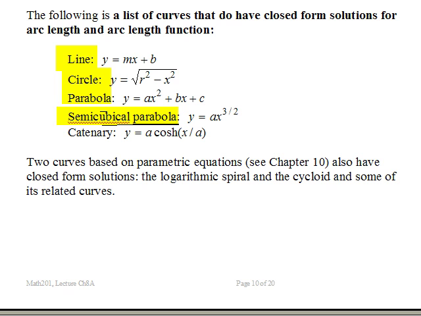This has a closed form solution. The catenary, which is the hyperbolic cosine, that also has a closed form solution. There are two other curves that we studied in Chapter 10 that have closed form solutions for arc length and arc length function, and those are the logarithmic spiral and a group of curves called cycloids.